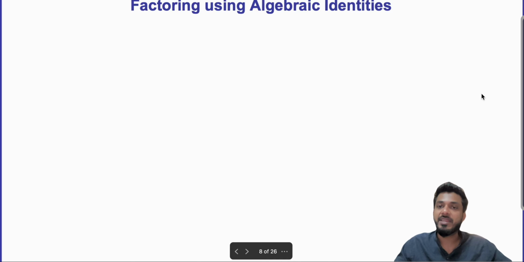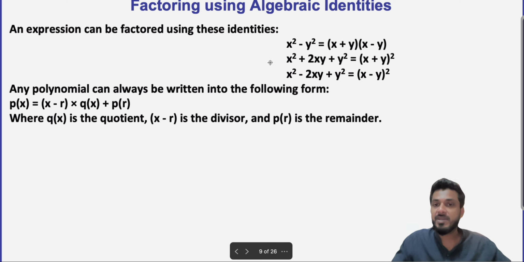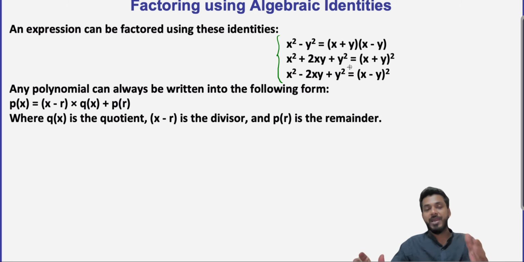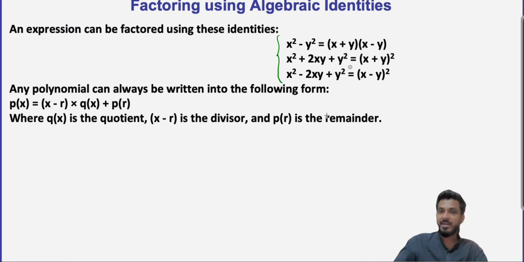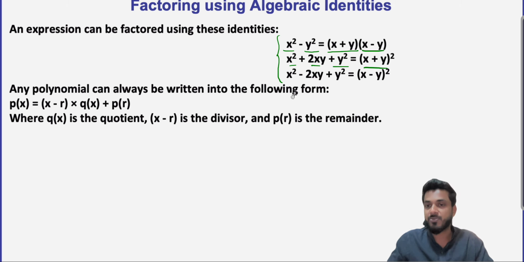Alright, now factoring using algebraic identities. You must have studied all these identities in your previous classes in grade 9 and 10. Sometimes if we want to factorize any expression, we can make use of these three identities. x square minus y square is equal to x plus y into x minus y, and x square plus 2xy plus y square is nothing but x plus y whole square.